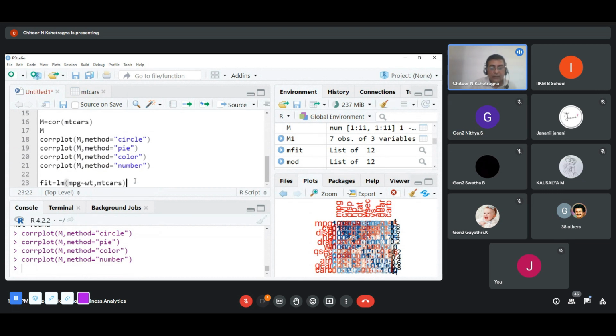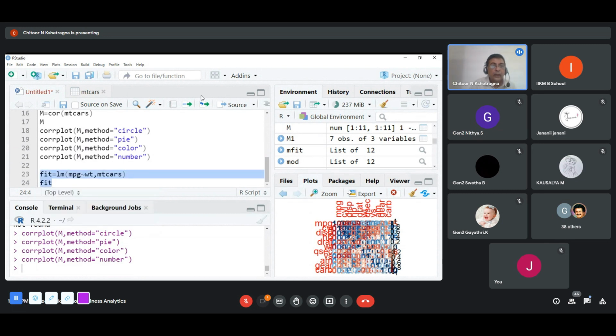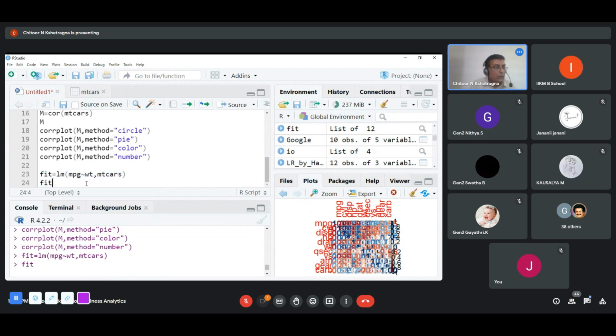As I've assigned it with fit, like what I did M, I'm just assigning and calling. And I'll get my linear regression done, right? Okay. This is my linear regression. If you've done this in your statistics course somewhere, you'll understand what linear regression is. Okay. So now, what does my linear regression tell?